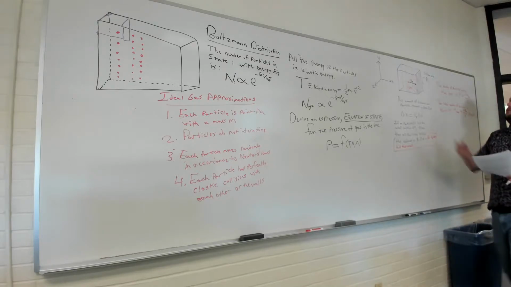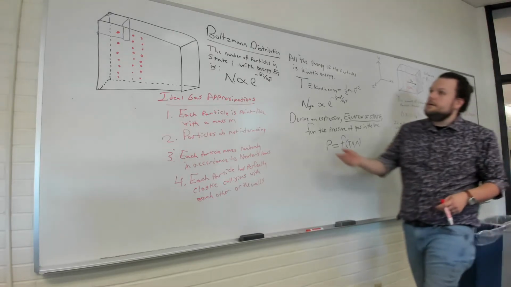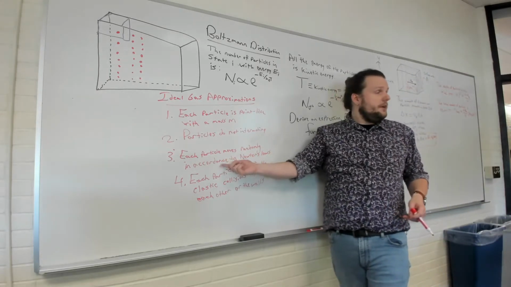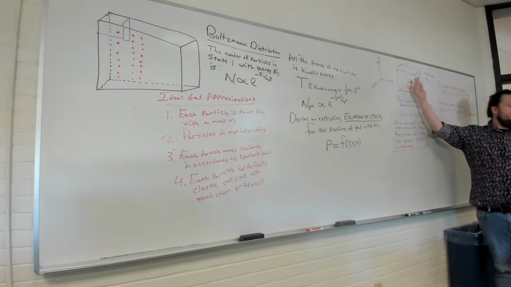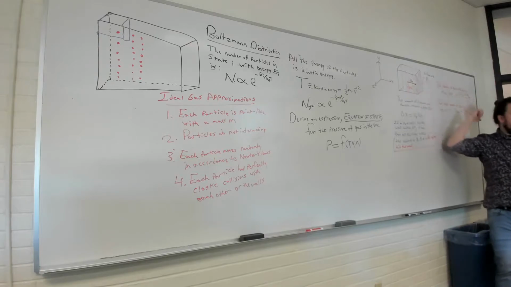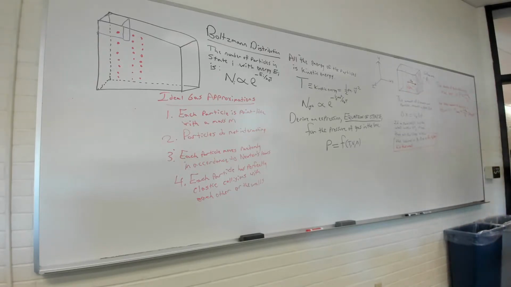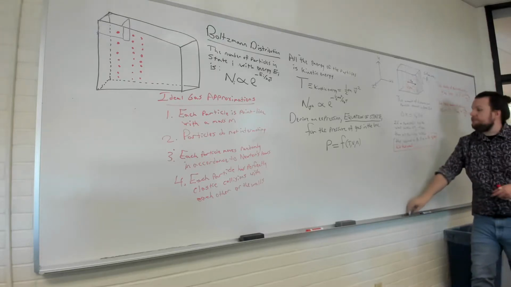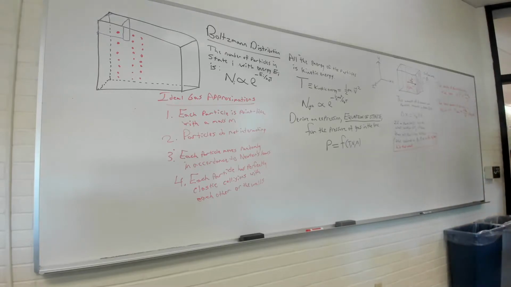So now what we have to do is figure out how many of the particles in this region actually hit the wall. Because the important thing to note is that the particles move randomly. Because the particles move randomly, on average, half the particles in this red region are moving towards the wall, and half are moving away from the wall. Maybe it would be more helpful to write this as Vx squared, because they can go backwards or forwards.